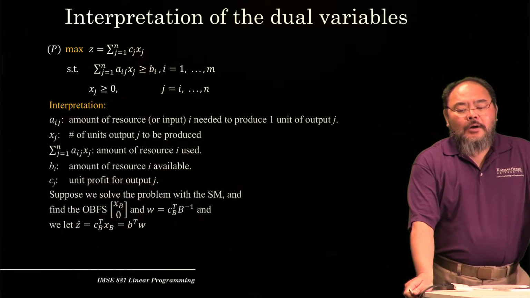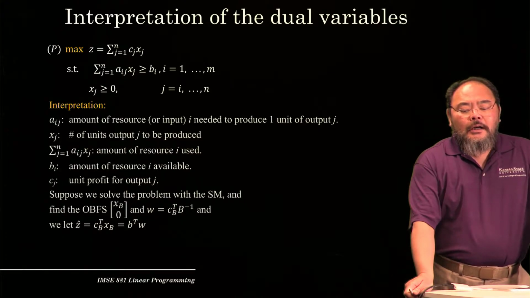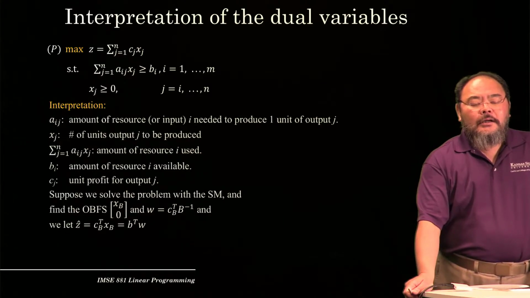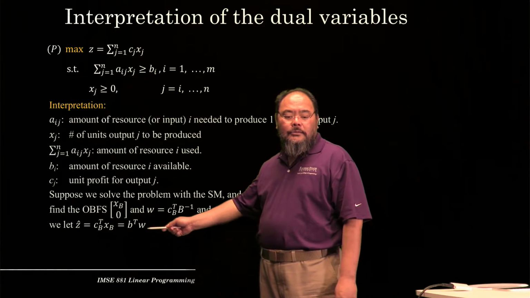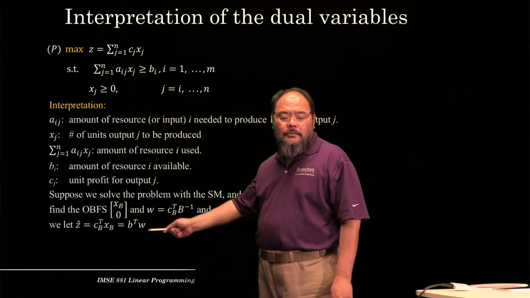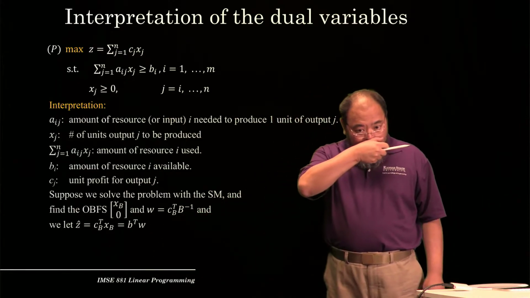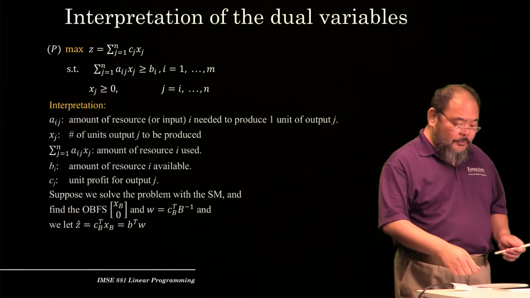Suppose we solve this problem using the simplex method and find the optimal basic feasible solution, X_B and 0, and then omega equals C_B transpose times B inverse. Then the optimal objective function value should equal C_B transpose times X_B and also equal b transpose times omega. That means X_B and omega are currently the optimal solution.